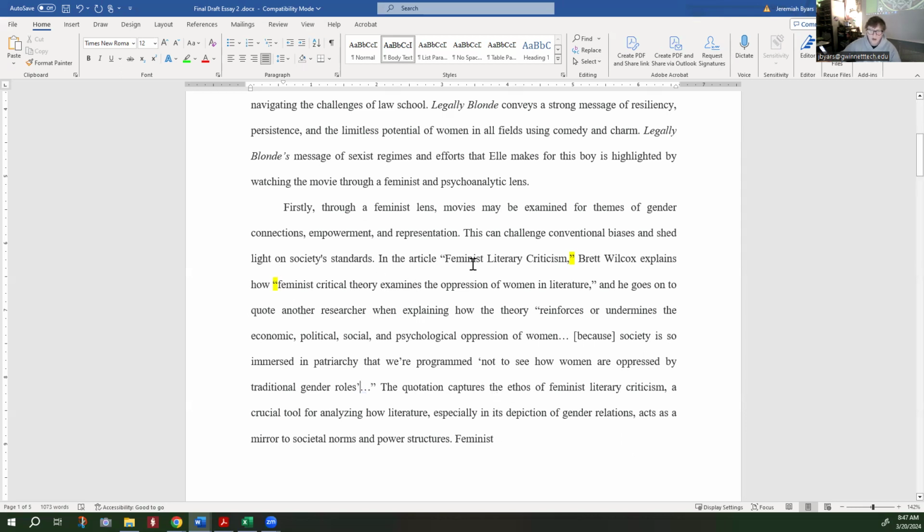Okay. In the article, Feminist Criticism, Brett Wilcox explains how feminist critical theory examines the oppression of women in literature. And he goes on to quote another researcher when explaining how the theory, quote, reinforces or undermines economic, political, social, and psychological oppression of women because society is so immersed in patriarchy that we're programmed not to see who's oppressed. The quotation captures the ethos.